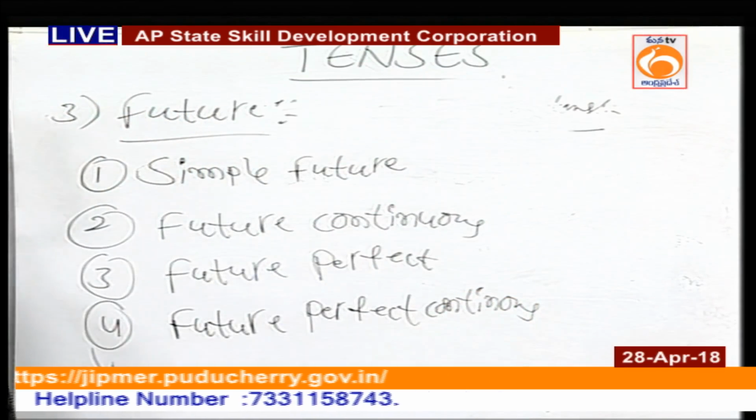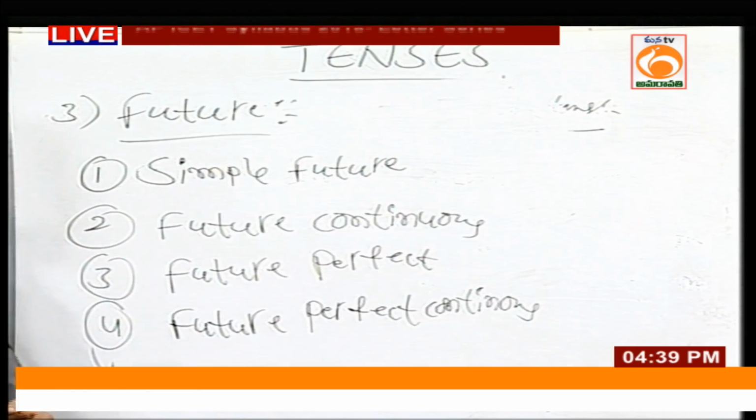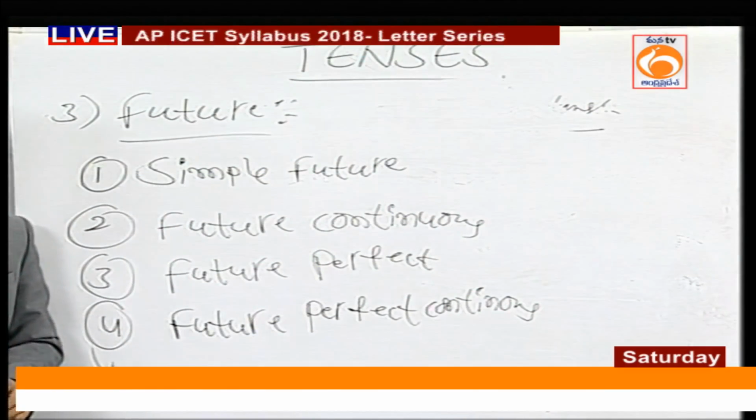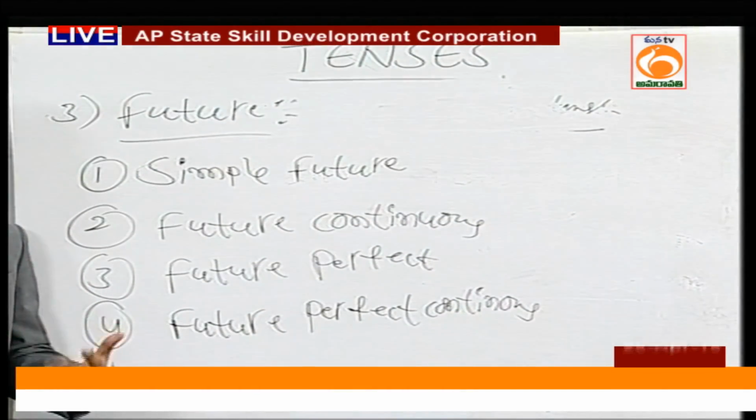So how many subcategories does future tense have? Four subcategories. The first is simple future, the second is future continuous tense, the third is future perfect, and the last one is future perfect continuous.